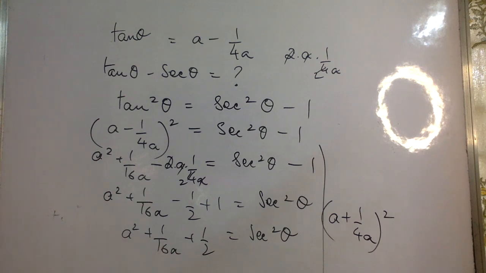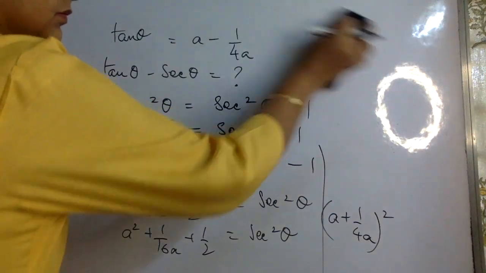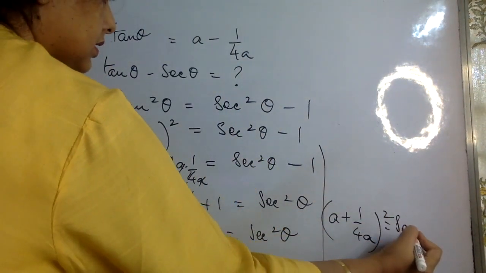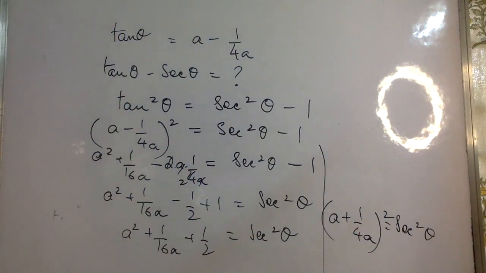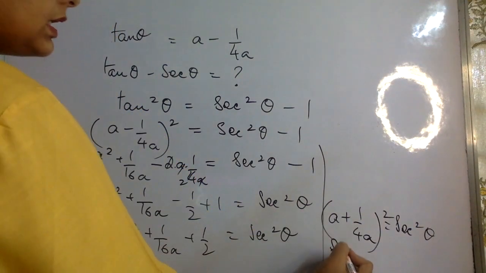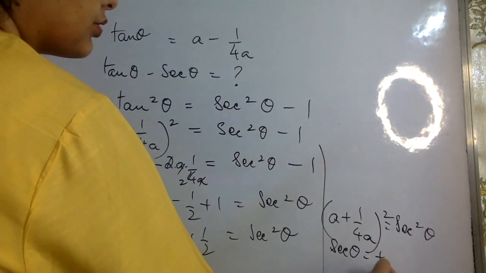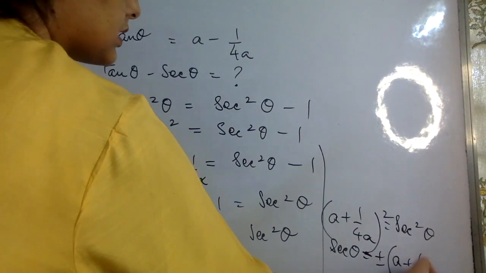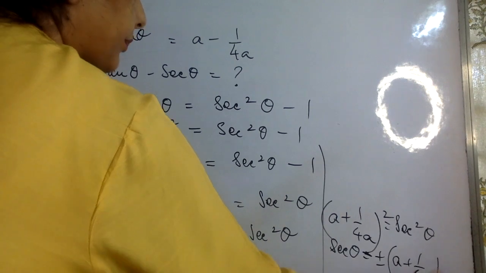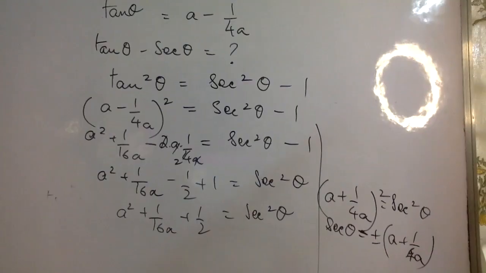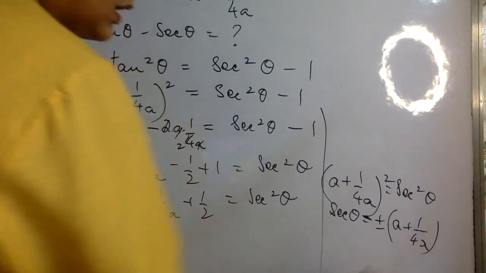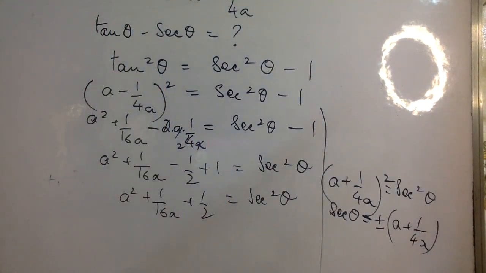That is equal to sec square theta. So sec theta is equal to plus minus, okay, a plus 1 by 4a.